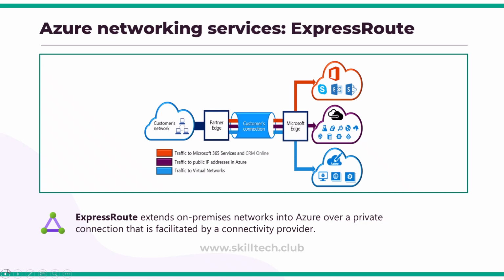This ExpressRoute service is going to extend your on-premise network into Azure over a private connection. This is not going to use the public internet. It is going to do this over a private connection that is facilitated by a connectivity provider. These connectivity providers are other organizations which are officially partnered with Microsoft Azure Cloud.